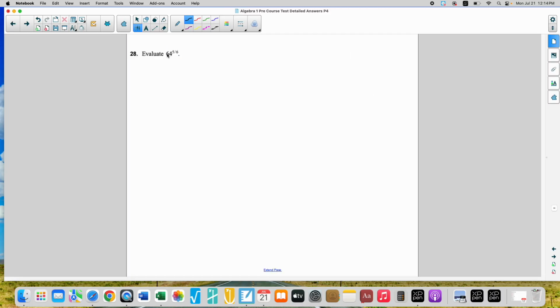Evaluate 64 to the 5/6. So another interesting concept. When we have x to the 1/2, that actually equals x to the first power and then taking the square root. So the denominator is the root, and the numerator is the power.